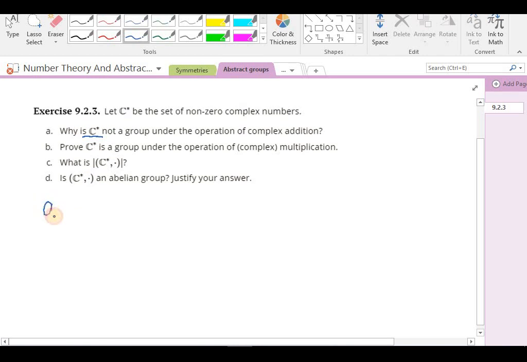Just to suggest what you can write here, you can just say, for instance, that 1 and minus 1 are in C star.